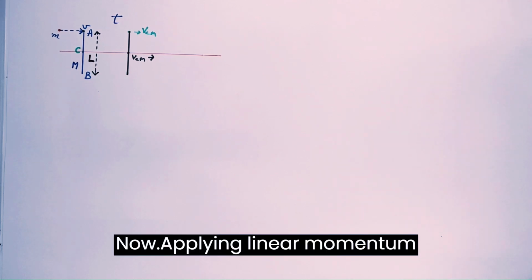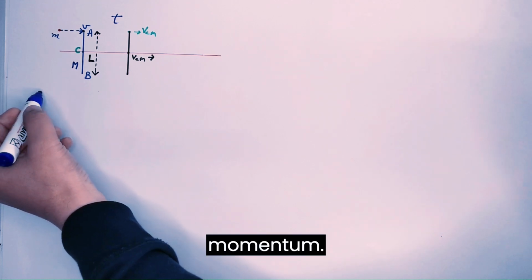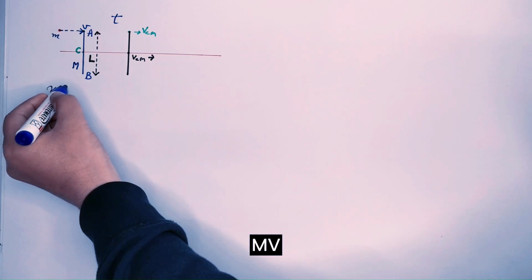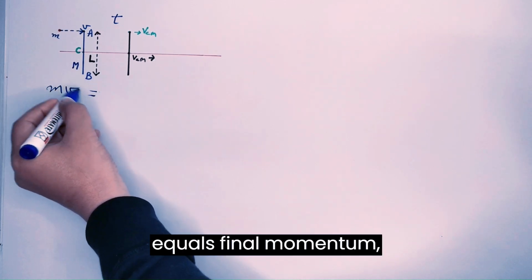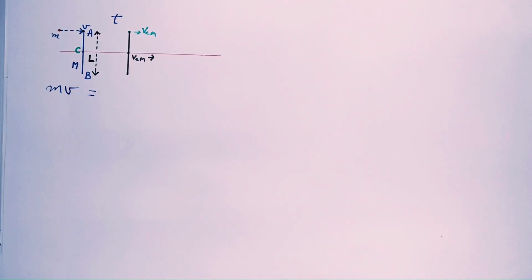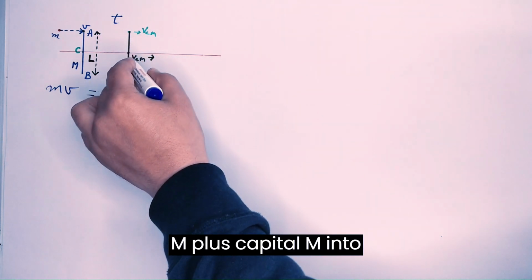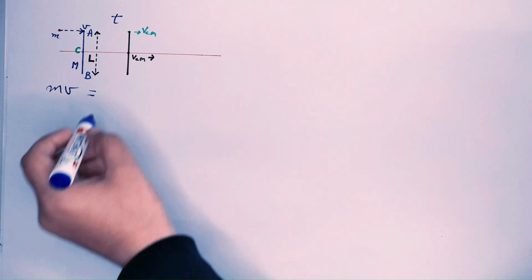Now, applying linear momentum conservation, we have initial momentum mv equals final momentum. Final is (small m plus capital M) into VCM.